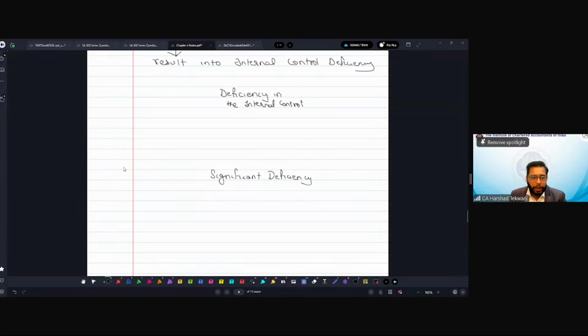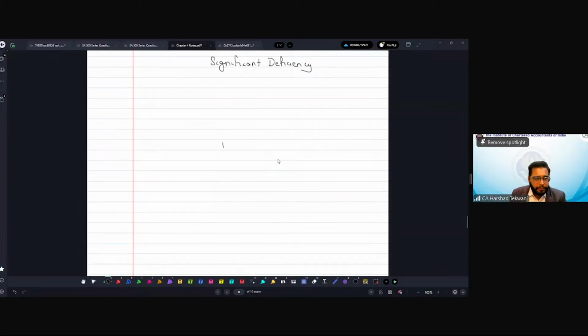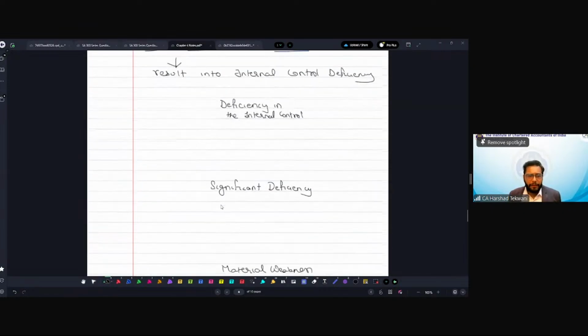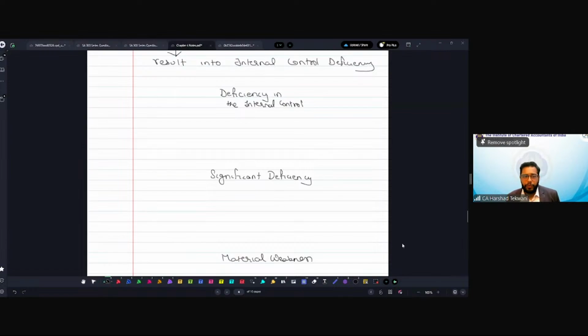And third, I'm talking about material weakness. Very important terms to understand, because on the basis of that, we will be able to understand how it is working. So deficiency, then significant deficiency, and then material weakness. There are three terms that we want to discuss. Would anyone like to add or differentiate what they are for?